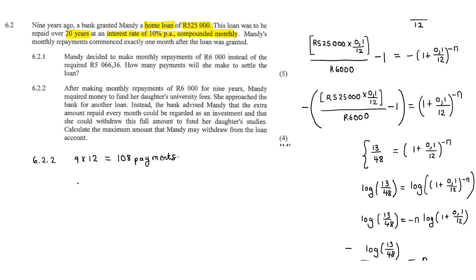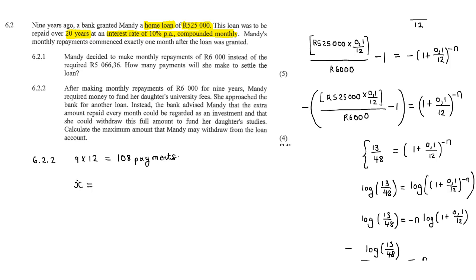Now we're going to have to look at the monthly repayments. So the X value for her future value annuity is the monthly deposit.